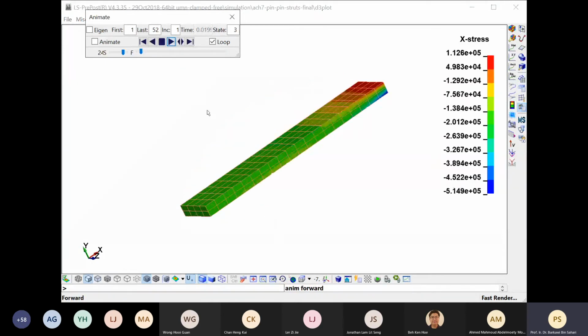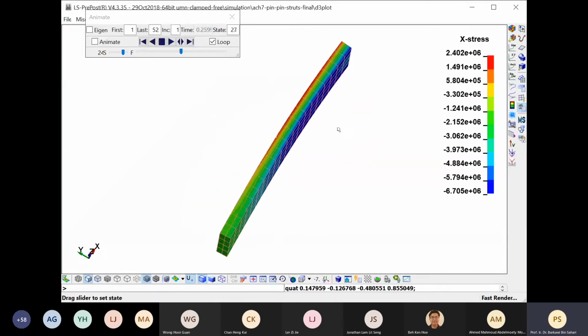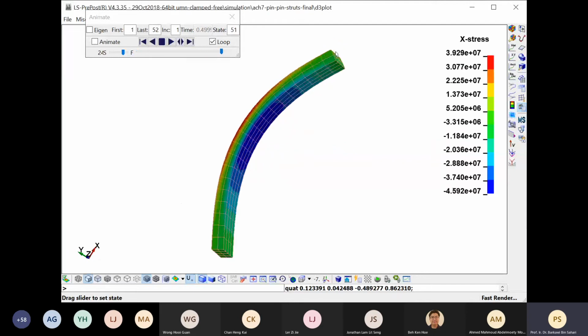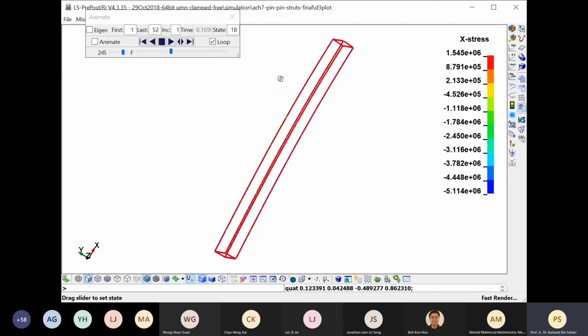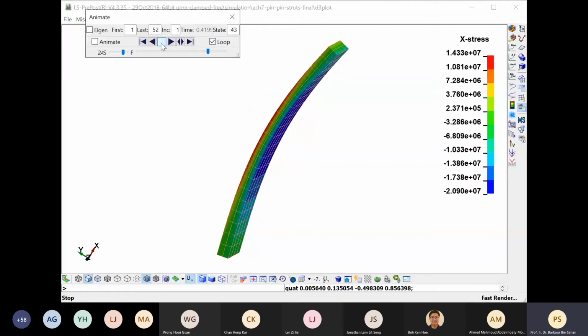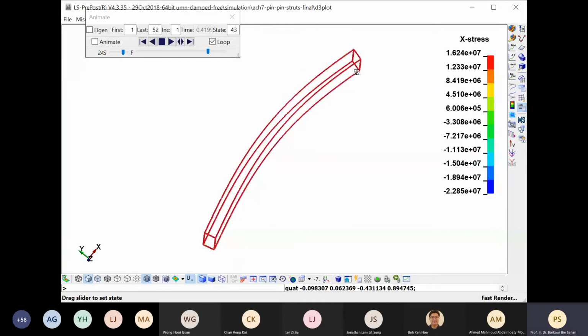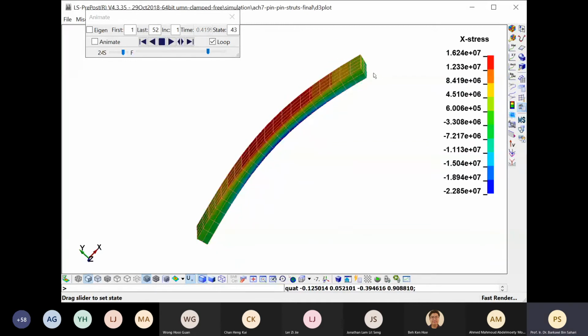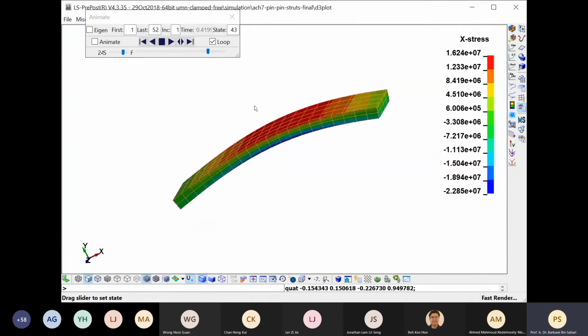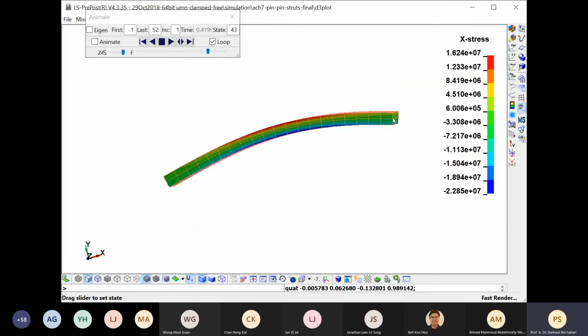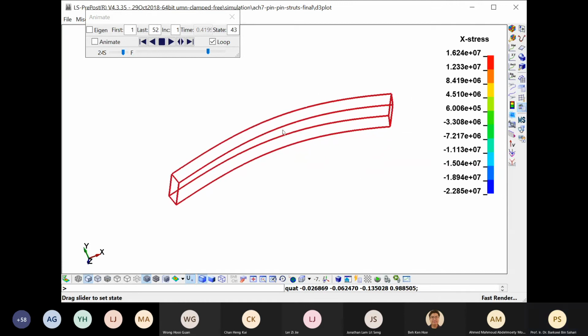Now, as it moves in that direction, the place where it is pin is actually 0 bending moment. 0 stress and 0 bending moment. So on this particular column, the distance between the end of the beam, the end of the column, is the effective length according to the definition.